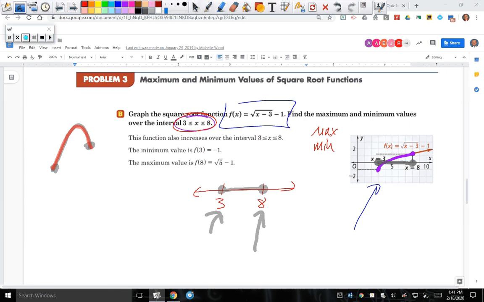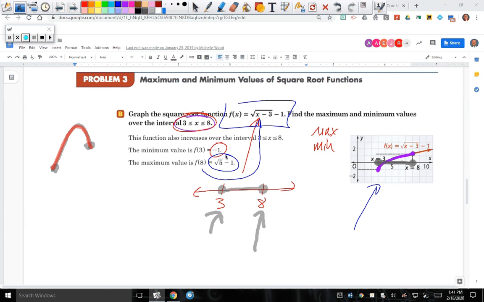So if we plugged in 3, we get 3 minus 3 is 0. So negative 1 would be that value. If we plugged in 8, 8 minus 3 is 5. The square root of 5, minus 1. Guys, can you tell me what the square root of 5 is? You can't tell me what the square root of 5 is. You can tell me what the square root of 4 is. What's that? 2.